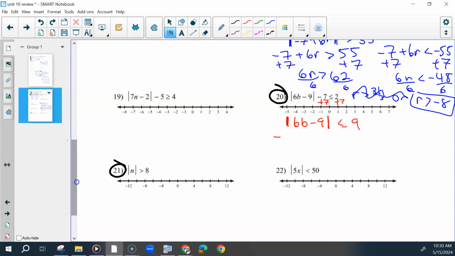So drop your absolute value. I'm giving you the Sorry. So this would be -9 less than or equal to 6b minus 9 less than or equal to 9. Would you add 9 for all the sides?